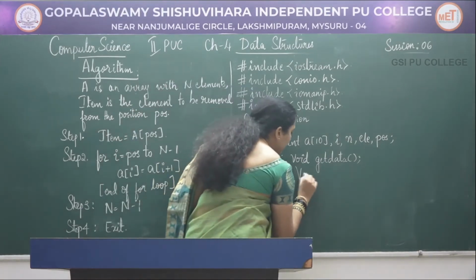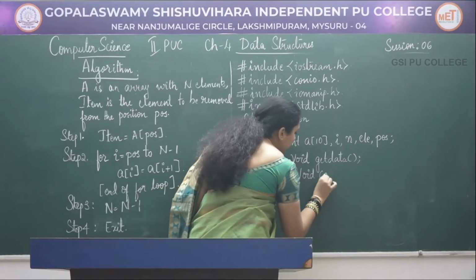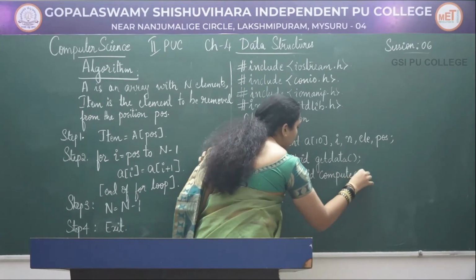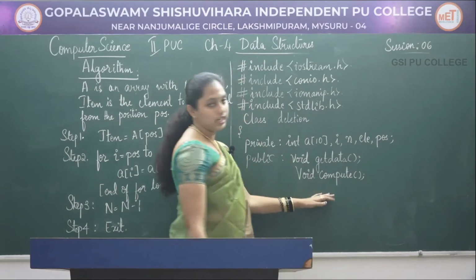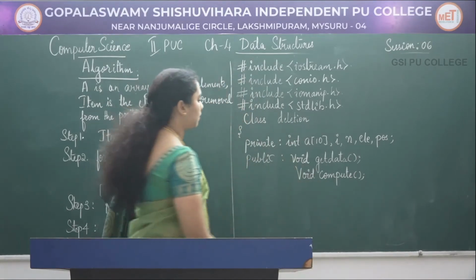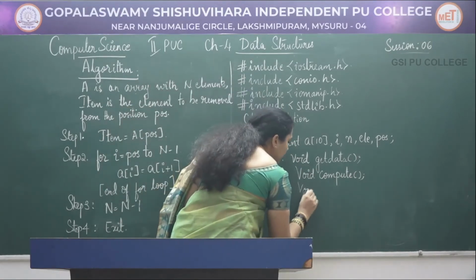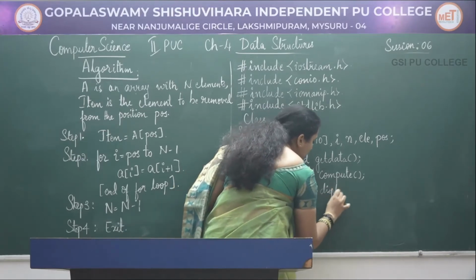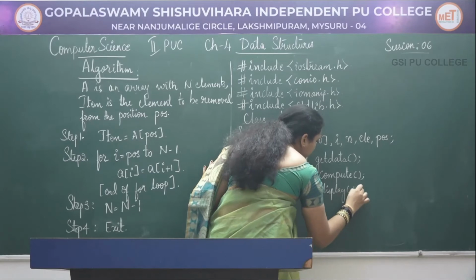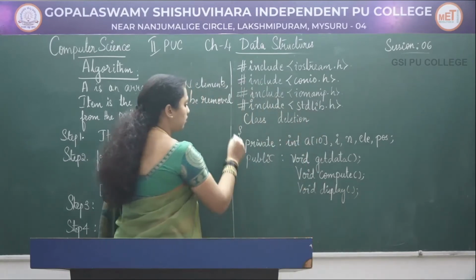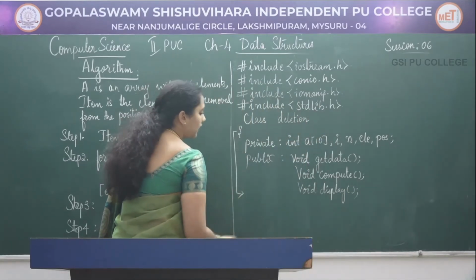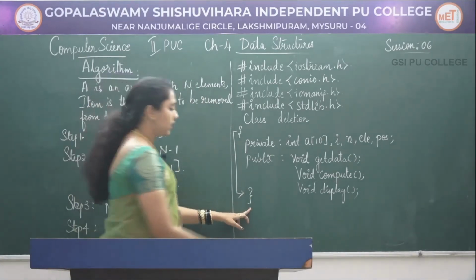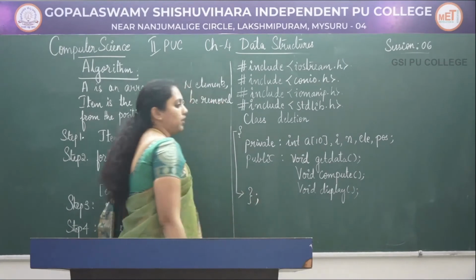Void compute function is used to write the required calculations in the C++ program, and void display is used to display the output. I am going to close this class using semicolon.